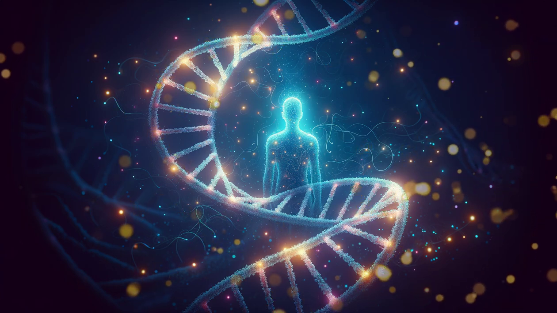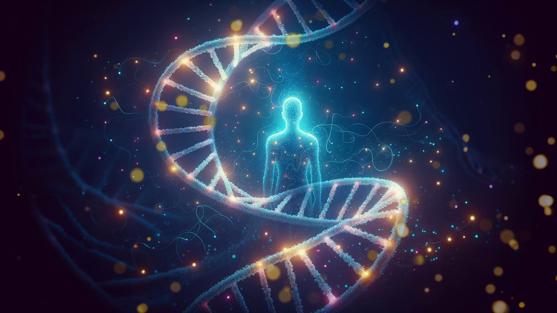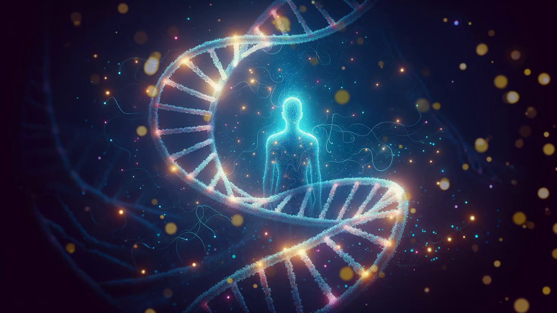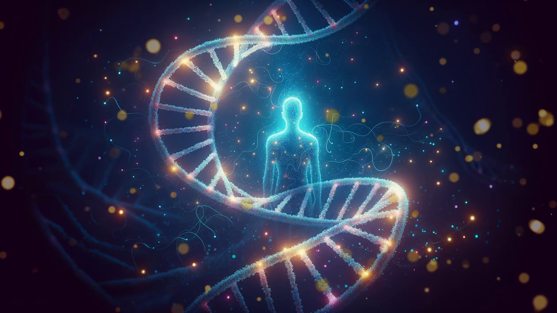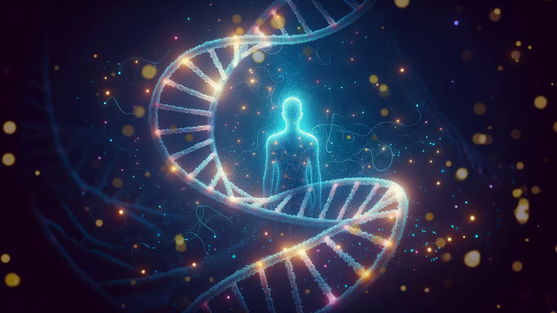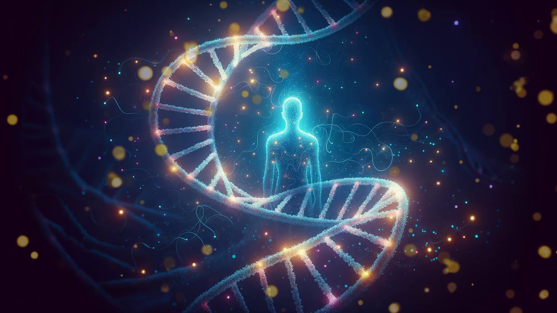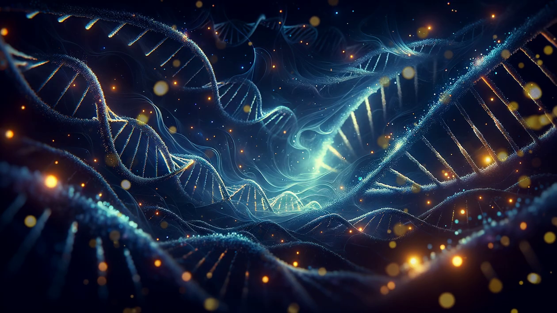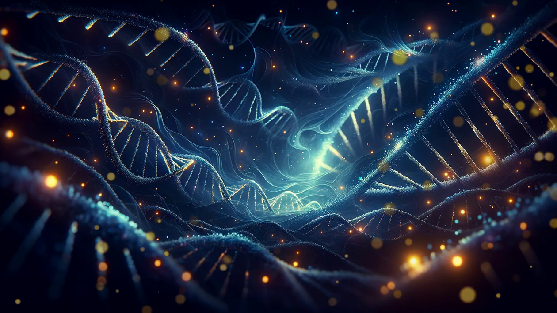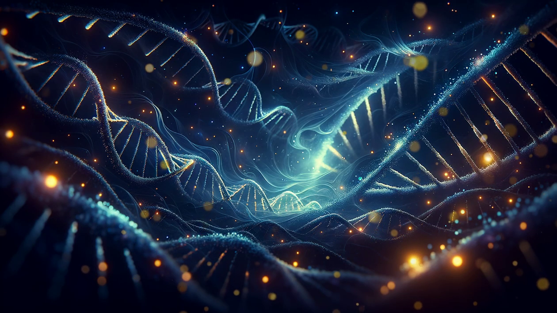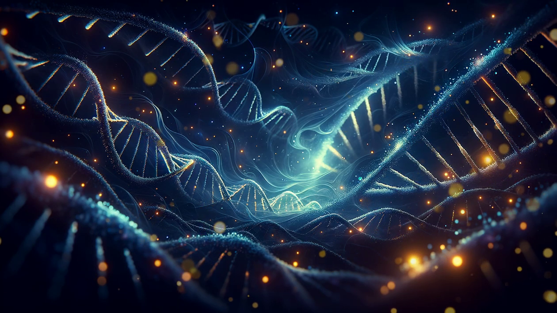As we delve into the profound relationship between our genes and our behaviors, we begin to see how these microscopic units of heredity shape not only our physical forms, but also the very essence of our personalities and actions. Within this exploration lies the tension between genetic determinism and free will, a concept that has sparked debate among scientists and philosophers alike.